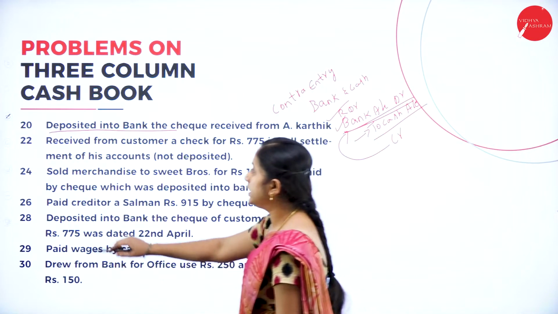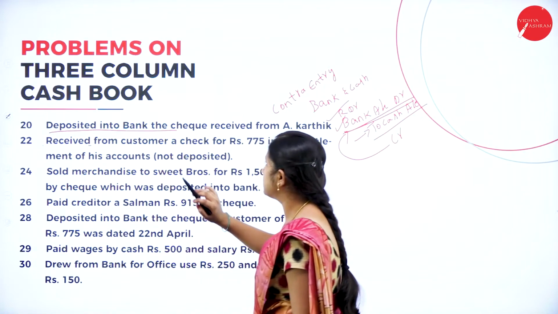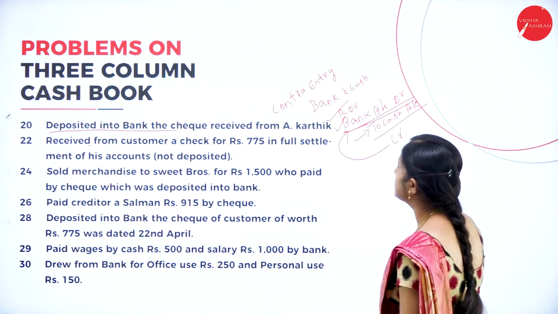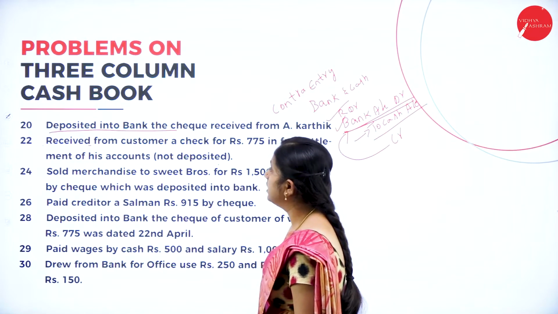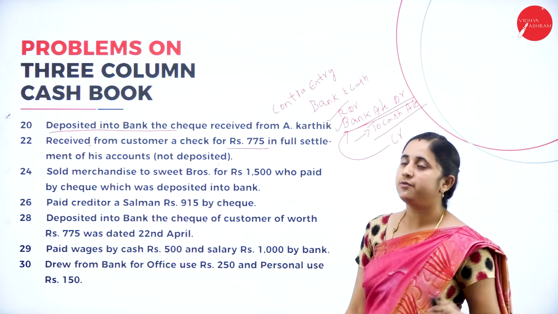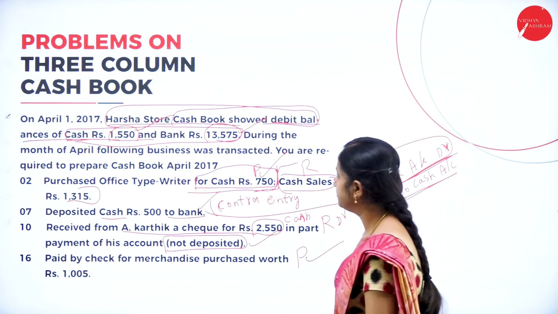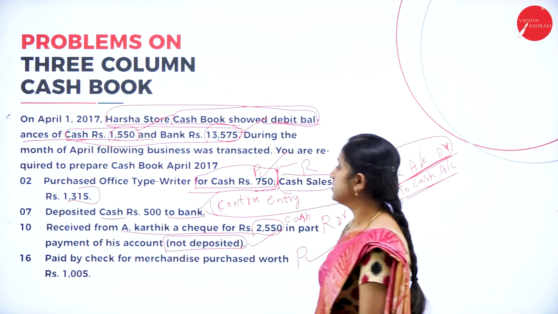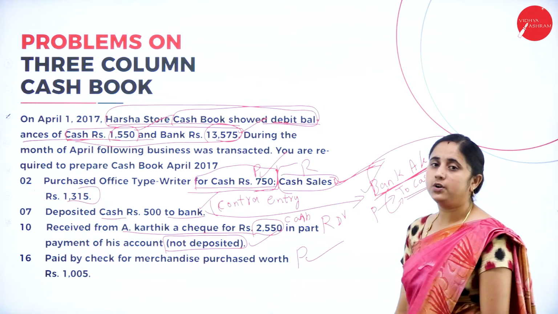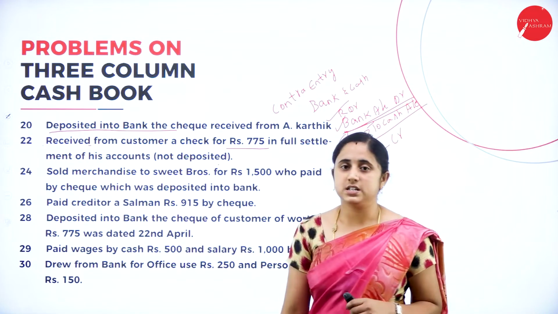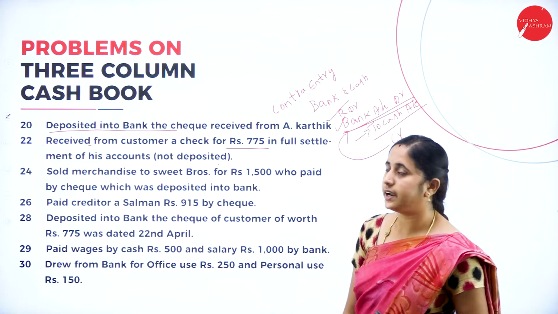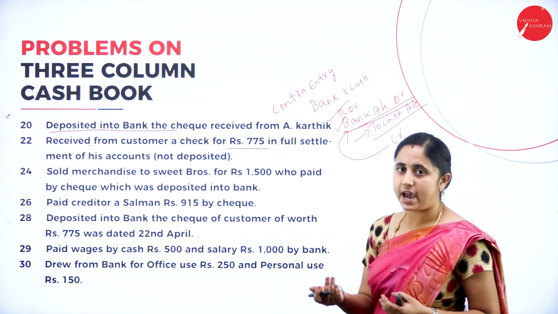Next, April 22nd, received from a customer a check for rupees 775 in full settlement of his account, not deposited. In the same way as the last transaction, here you receive the check from the customer but do not deposit it. So this is equal to cash received.